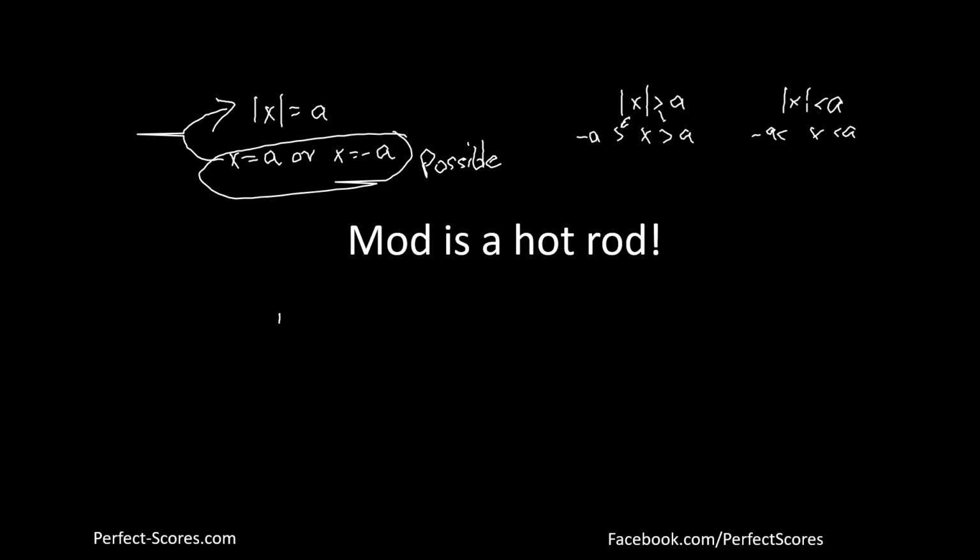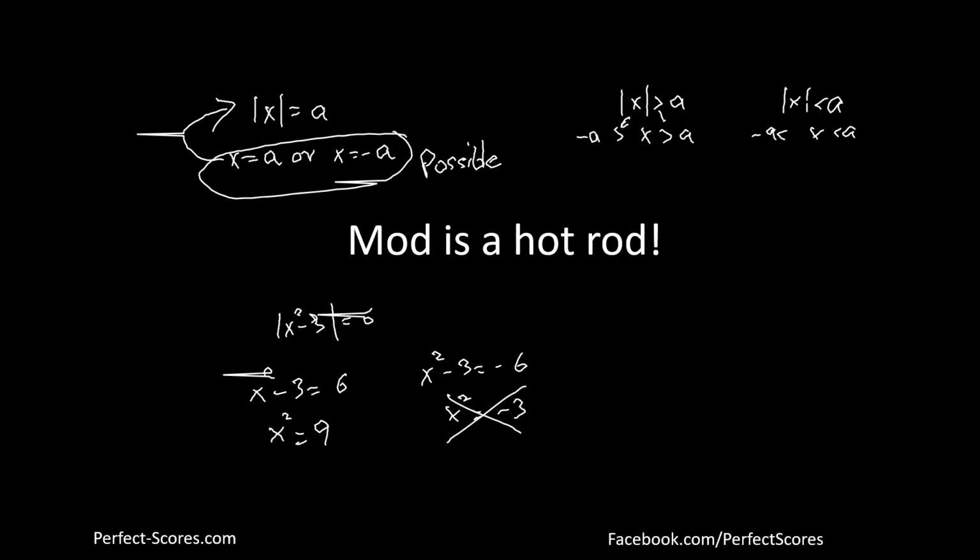Okay, so if I say absolute of x square minus 3 is equal to 6, then you get x square minus 3 is either equal to 6 or x square minus 3 is equal to negative 6. So you get x square is equal to 9 or x square is equal to negative 6 plus 3, which is negative 3.